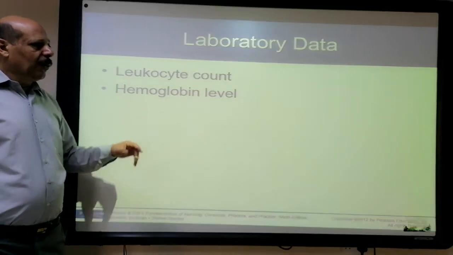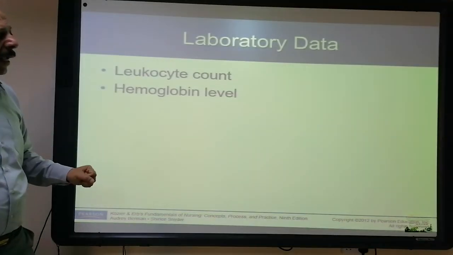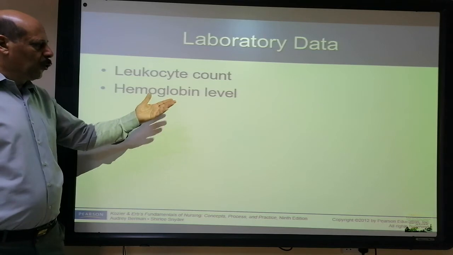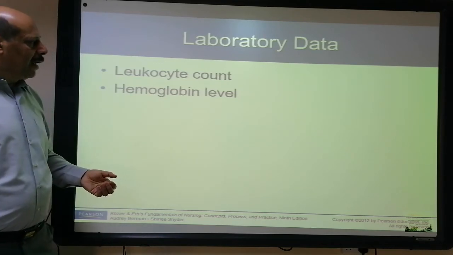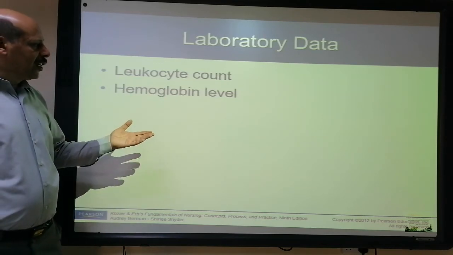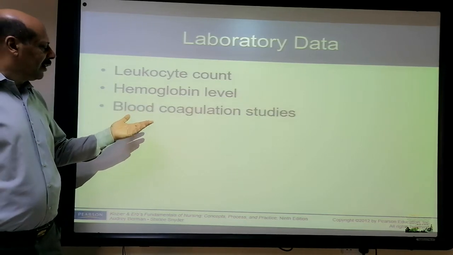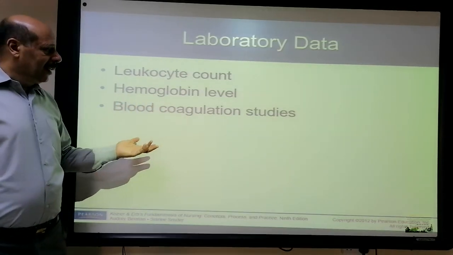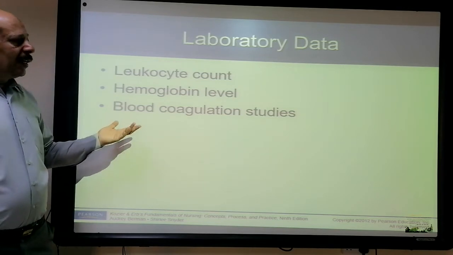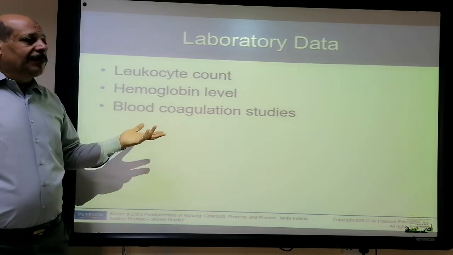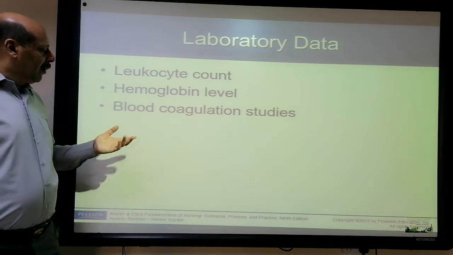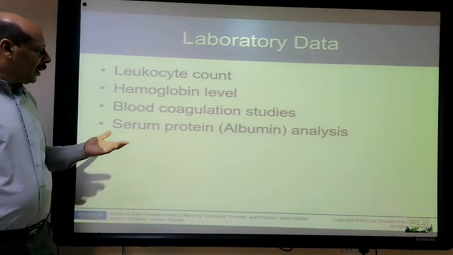So we have to maintain the patient's hemoglobin level, enhance his nutrition and the exchange, and he might need blood transfusion. Blood coagulation status also has to be studied. Is there any possibility of bleeding or coagulation?